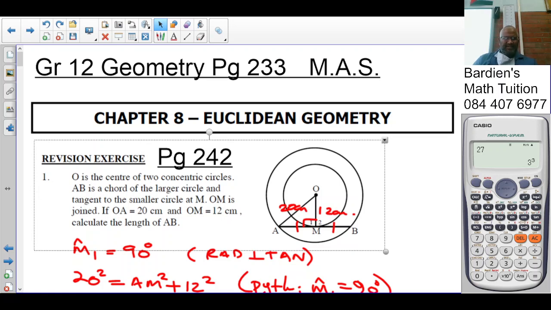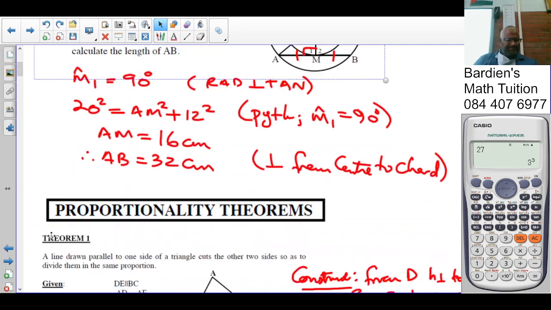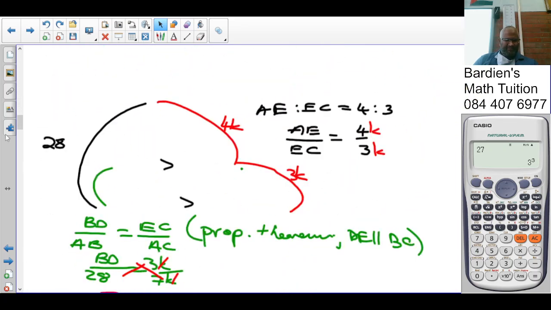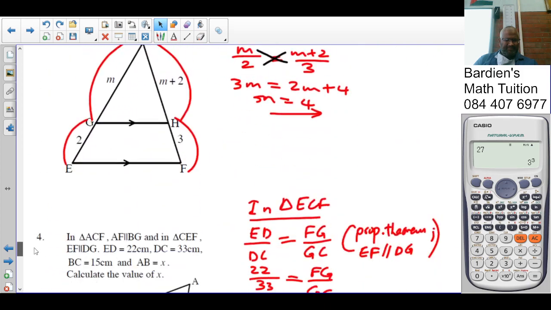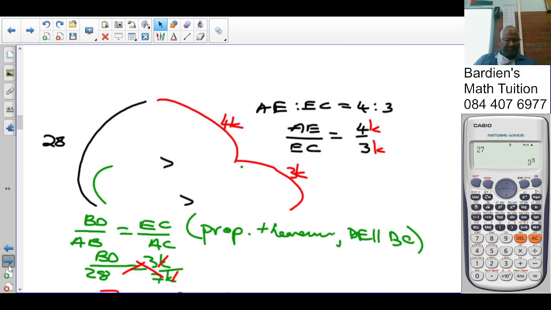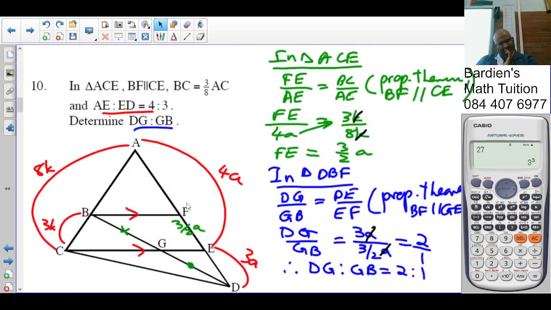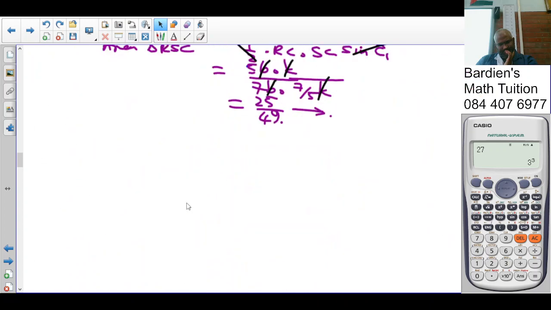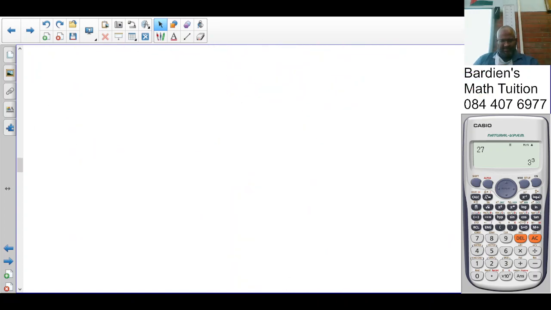Now in the midpoint theorem, it's a very important theorem to understand and its application.